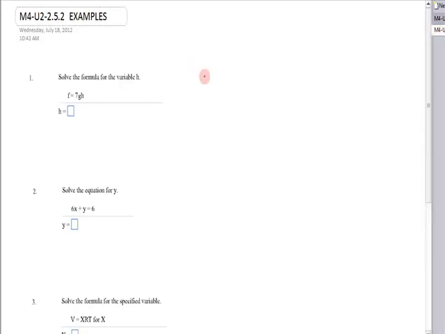All right, the first one, it says F is equal to 7GH, and it says solve for H. That means that H is like your unknown. Everything else is to be treated as a number. What is its relationship?